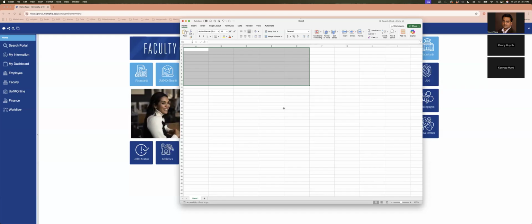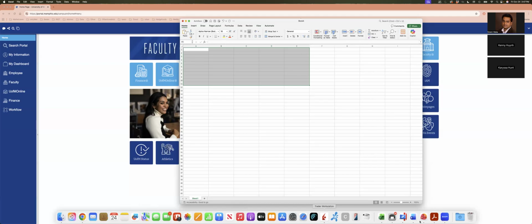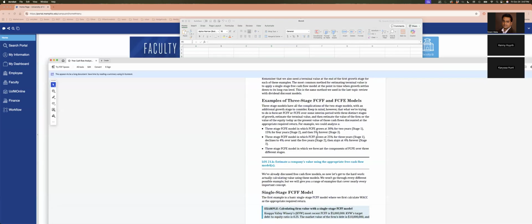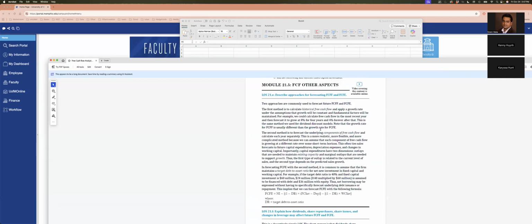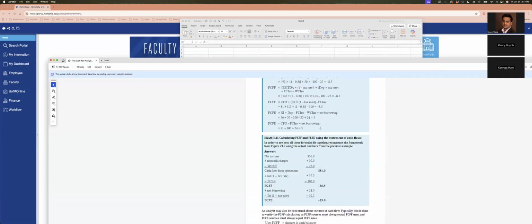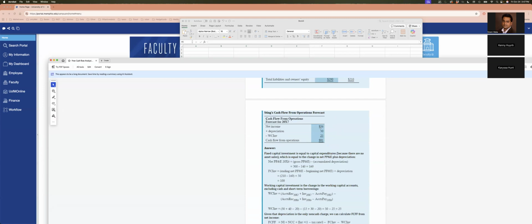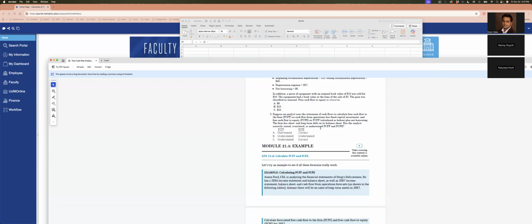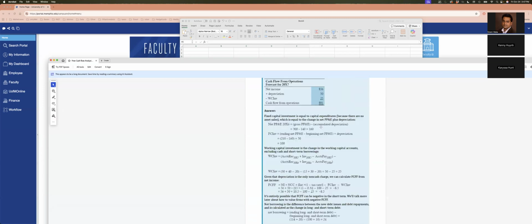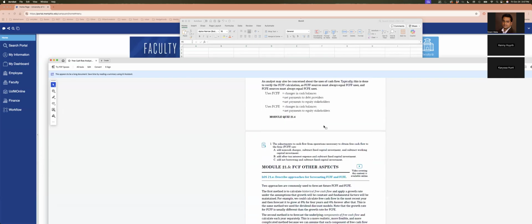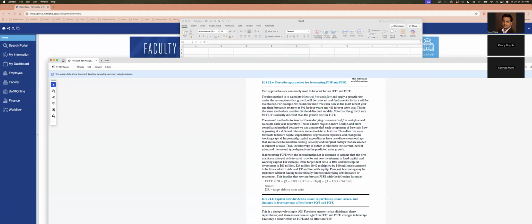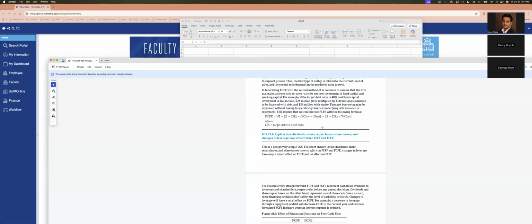So now what I wanted to do is share this material I gave you. Yesterday we calculated how to calculate the free cash flow for the firm and the free cash flow for equity. So I want you to go back and refer to that when I give the homework today on the free cash flow models.